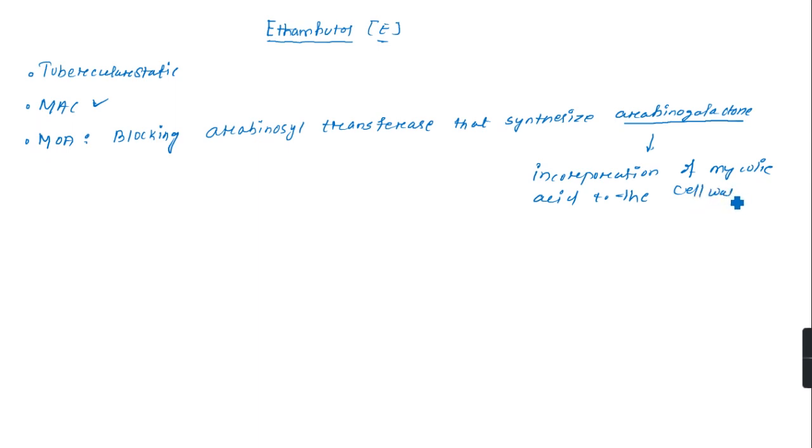So arabinogalactan synthesis is inhibited by ethambutol, the incorporation of mycolic acid is decreased, and that leads to death of the microorganism.